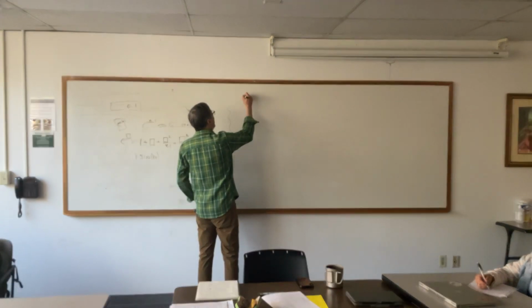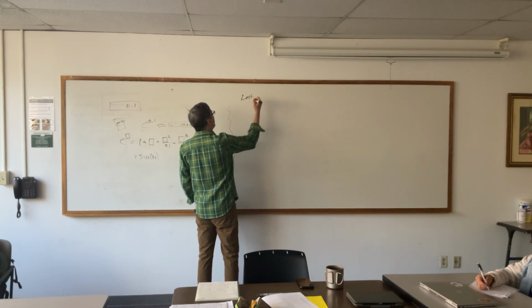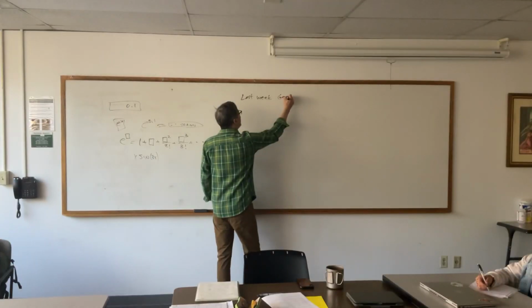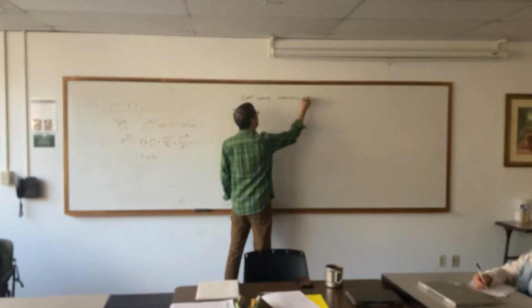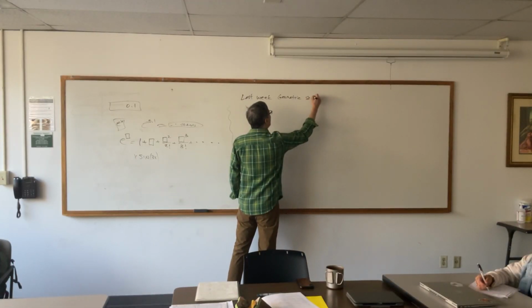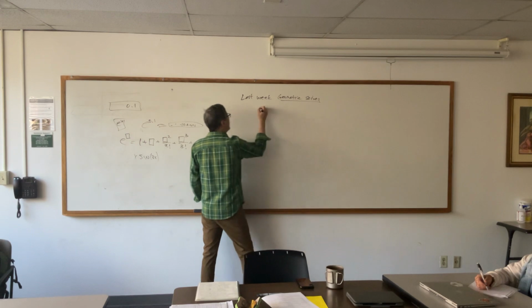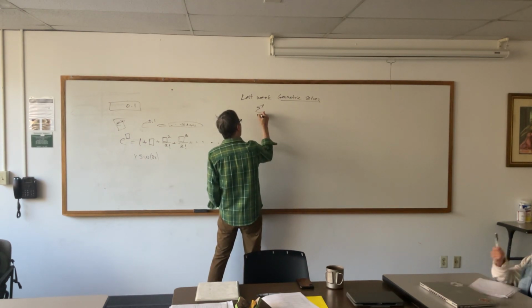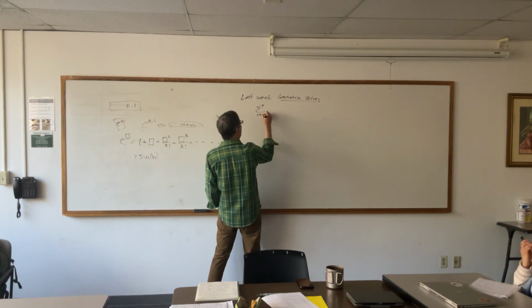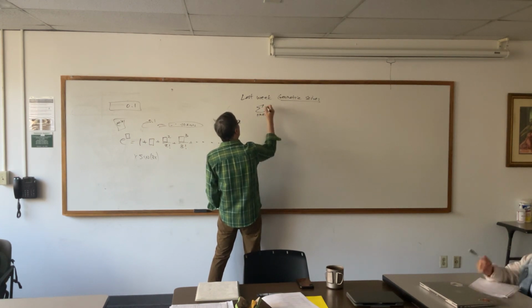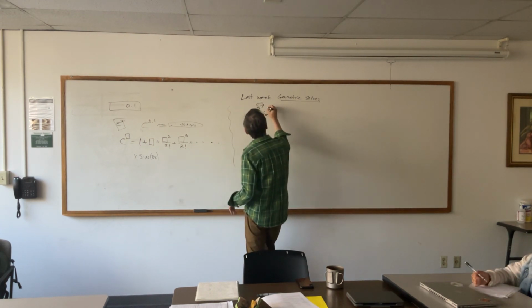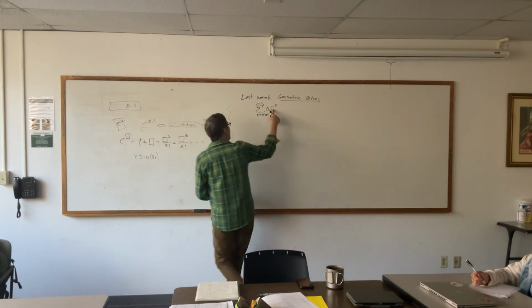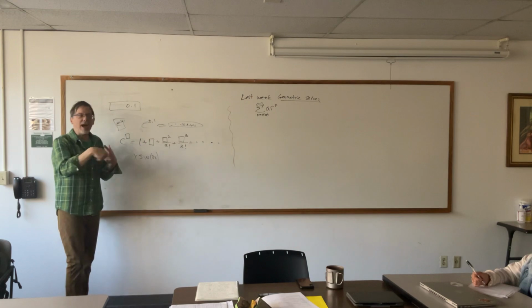So last week we talked about geometric series. This is a very specific type of series that looks like this. We've got some n that starts at some start and goes to infinity, and we've got some constant times a number that is being raised to higher and higher powers.